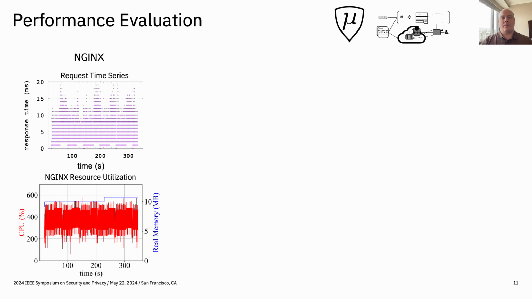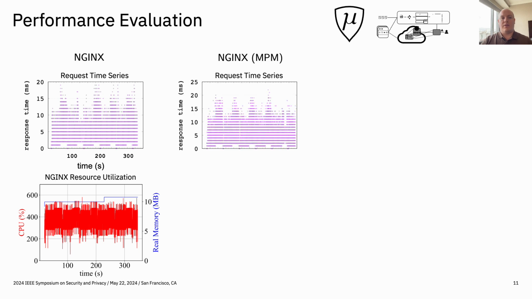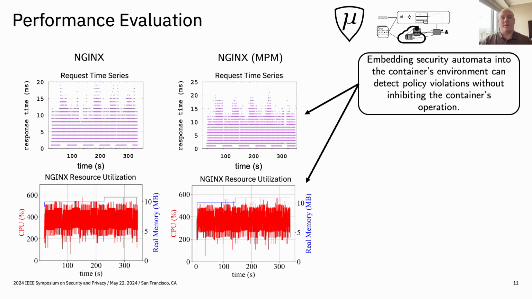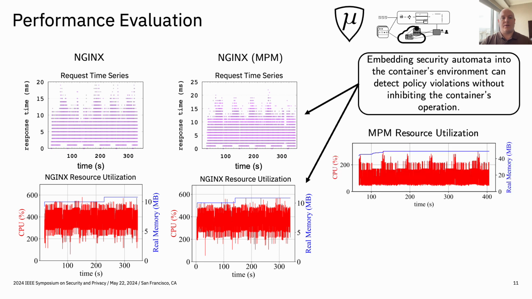For example, if we were to monitor an Nginx web server acting as a configuration proxy while handling 1 million requests for a backend application server running within a microservice architecture, we observe that Nginx's resource utilization stays manageable and the request runtime is not negatively impacted by protecting Nginx and the application server using a microservice-aware policy monitor. Essentially, embedding the security automata into the container's environment can detect policy violations without inhibiting the container's operation.